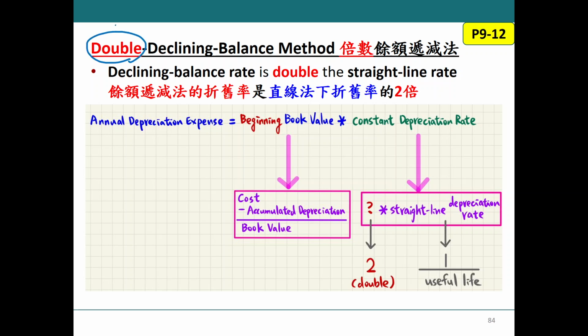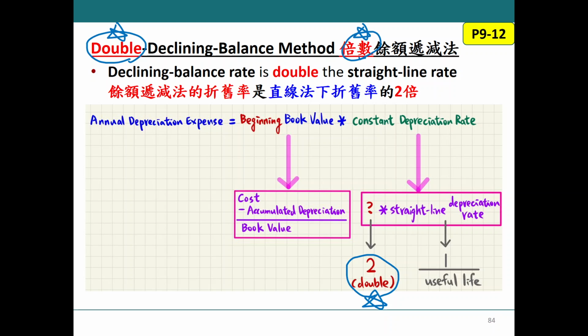We have double. So double, 倍数, means you decide to choose 2. Okay, any questions?